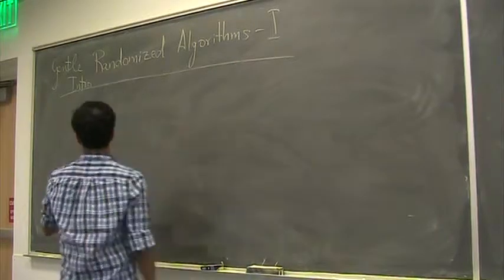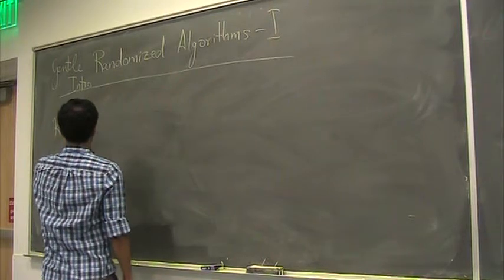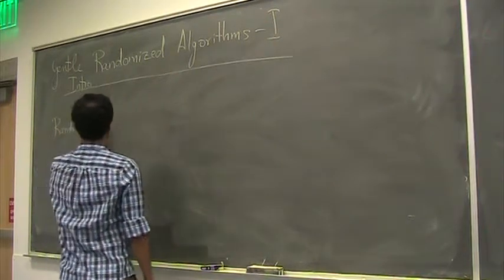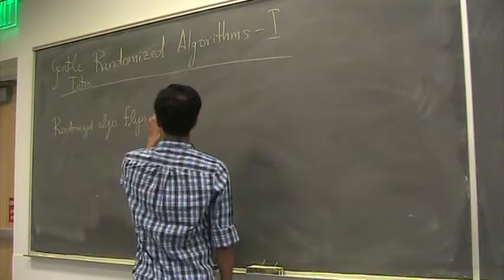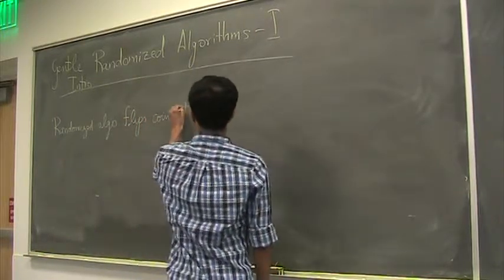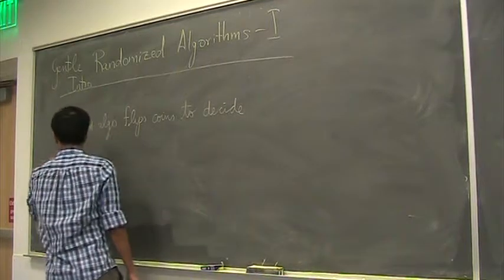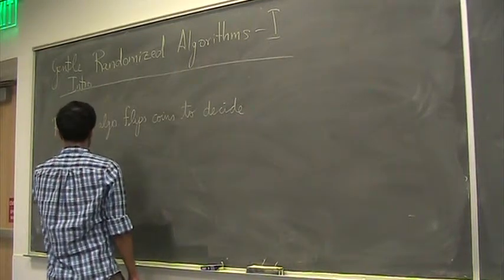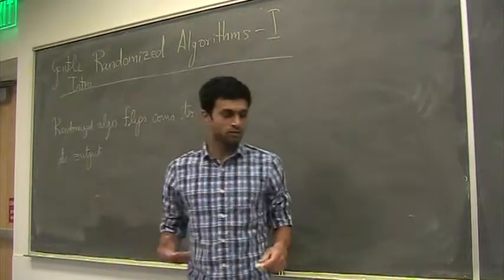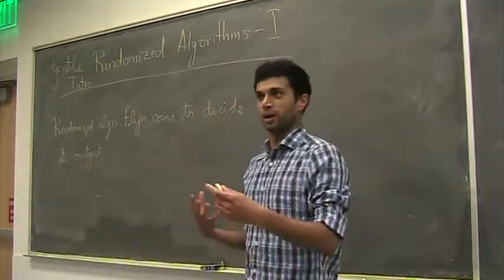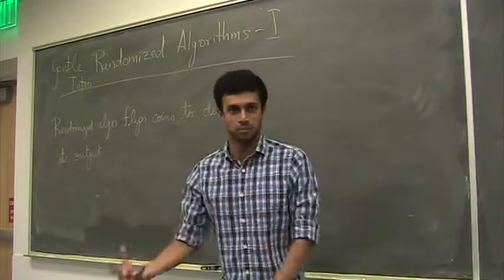A randomized algorithm flips coins to decide its output. So normally if you think about algorithms that you've done, like BFS or any graph algorithm, it's deterministic. Like it doesn't have any random behavior.